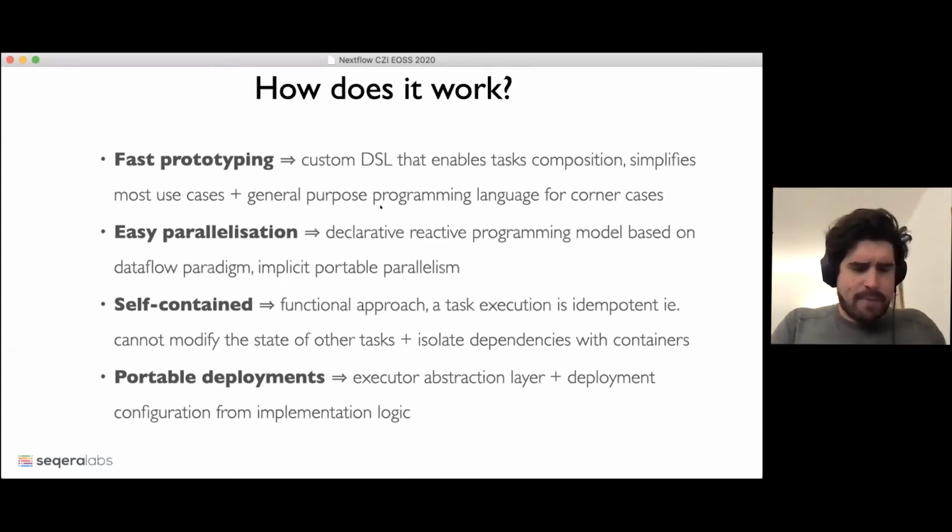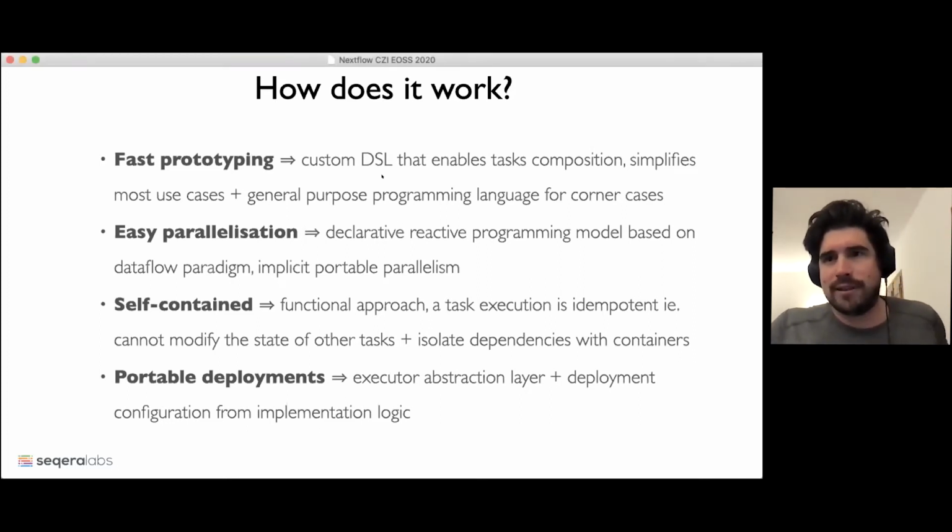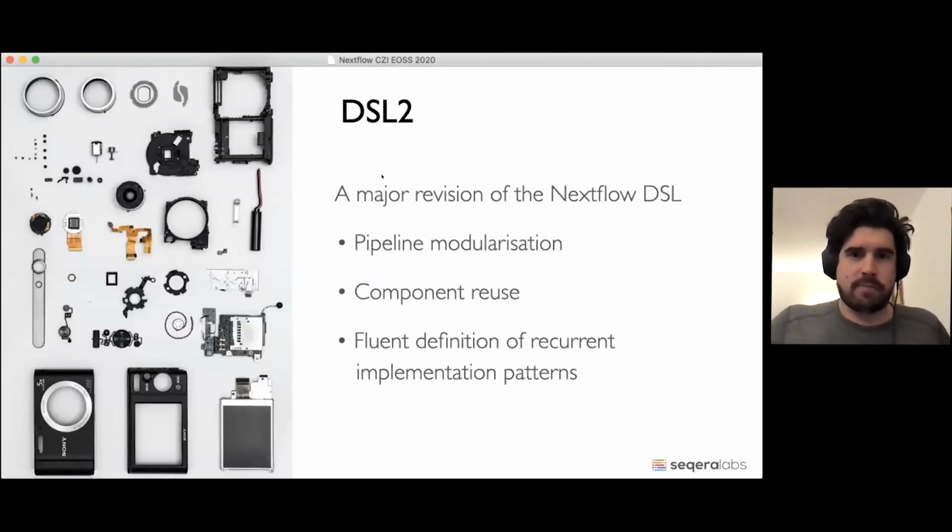Finally, a key part is the separation of the logic of the workflow, so how you define your tasks and your processes, from the execution logic, so from where you execute. And keeping these things very distinct is really important to providing the portability that we see with Nextflow workflows.